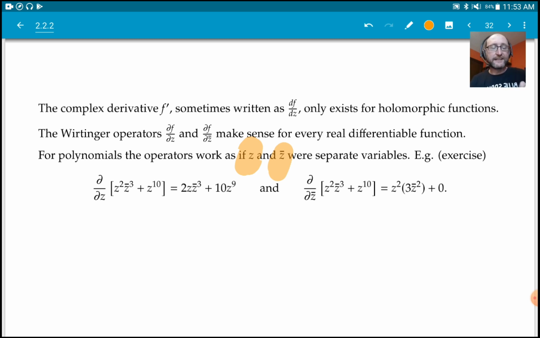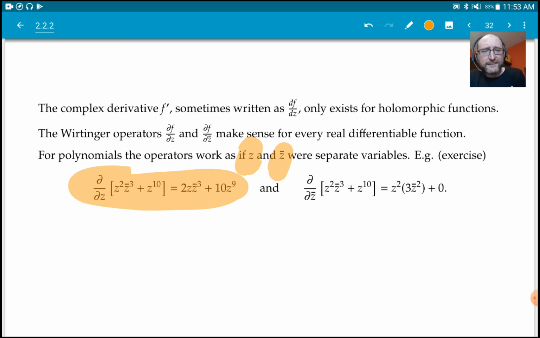And I can write them as polynomials in z and z bar. Now, for these guys, you have to do a little bit of work, a little bit of product rule to prove the power rule and product rule for these guys.